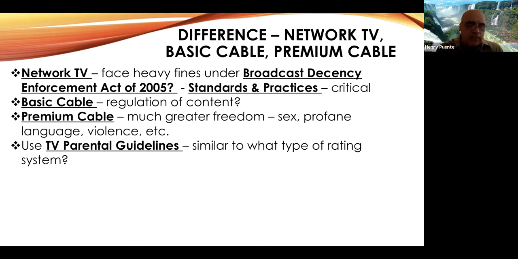So advertisers sort of help to self-regulate. The viewers' expectations of what they're going to be watching on basic cable also helps to self-regulate. And so you're not going to see a whole lot of violence or profane language or nudity on basic cable, at least not during their prime time hours.